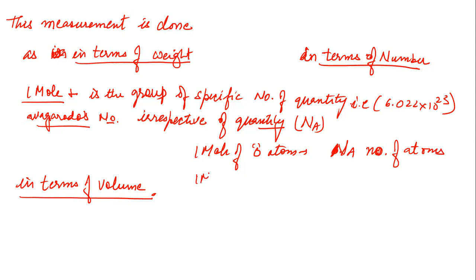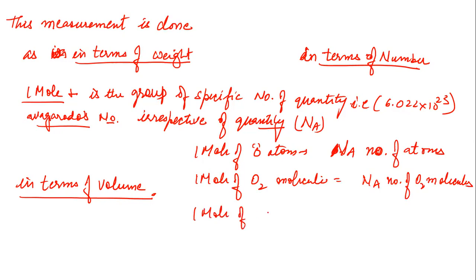If I write 1 mole of O2 molecules, it means Na, that is Avogadro's number 6.022 into 10 power 23, number of O2 molecules. If I say 1 mole of SO4 minus 2 ions, it means Na number of SO4 minus 2 ions.